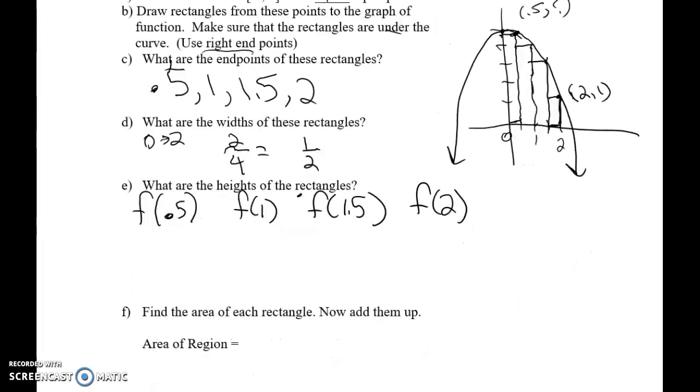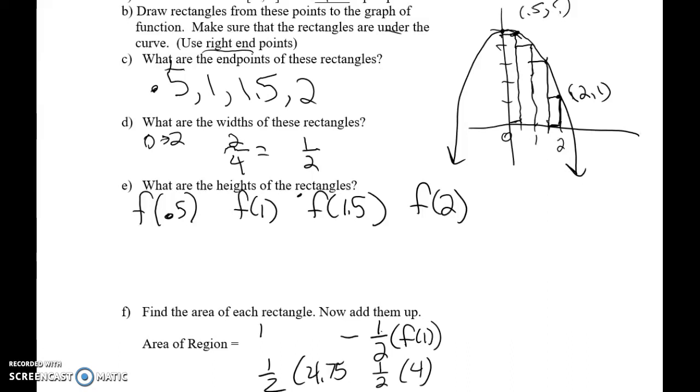So to find the area of the region under the curve, as close as we can, we add up those 4 rectangles. The first rectangle had a width of a half, and the height was the function value at 0.5. So a half and the function value, if you plug 0.5 into the equation, negative 0.5 squared plus 5 will give us 4.75. Now the second rectangle had a width again of 1/2, and the function value of 1 was the height, or in other words, a half times 4.